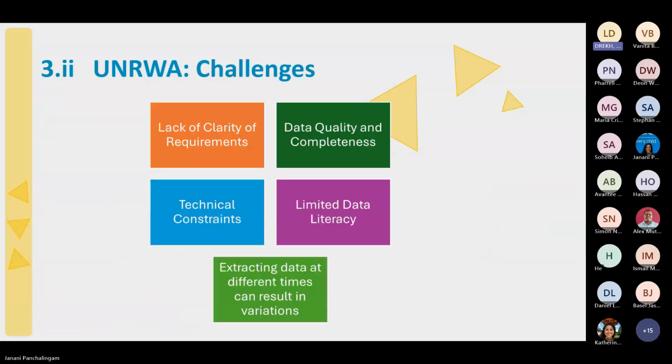The next slide, please. Challenges. Lack of clarity of requirements, because it's a new exercise and some of the stakeholders are having unclear or vague requirements. Data quality and completeness. Poor data quality can lead to misleading insights. And data depends on human data entry, so there are many reasons to have data quality issues.